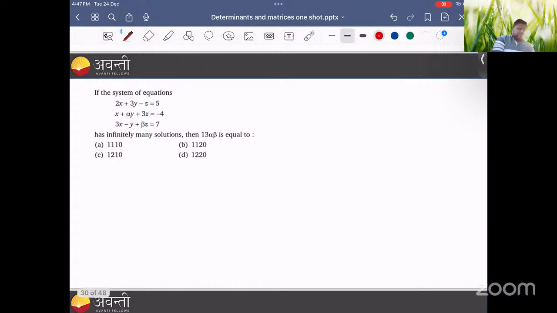Now see, this is the hard work behind this question. You have to calculate D as well as D1, D2 and D3, and make all of them 0.